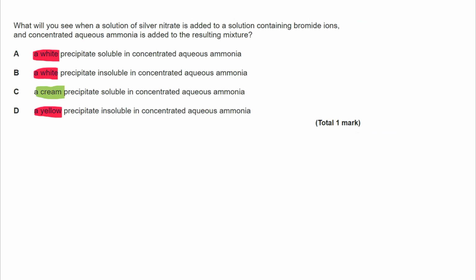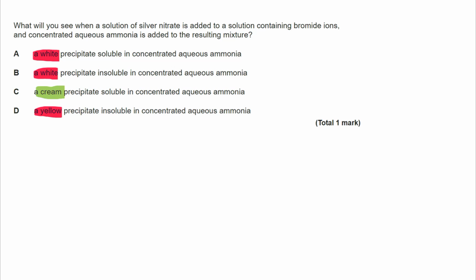So first of all, I can take away white precipitate because ultimately it would be chloride. And yellow precipitate we can take away because that would be iodide. So cream precipitate is enough to tell us the answer is C.